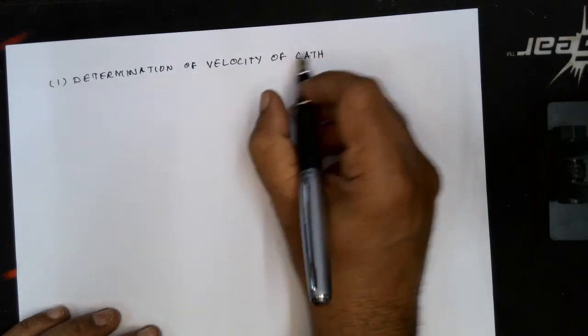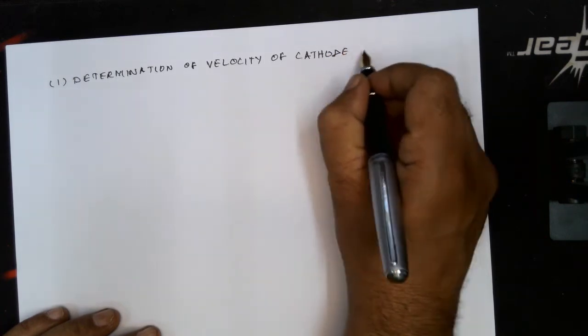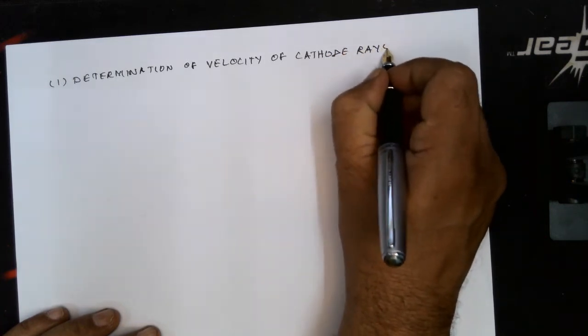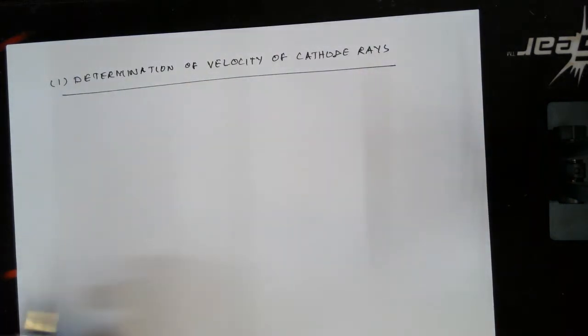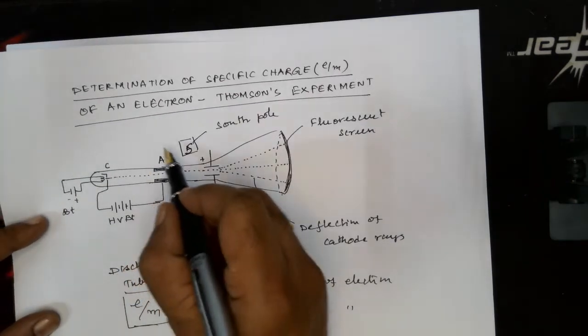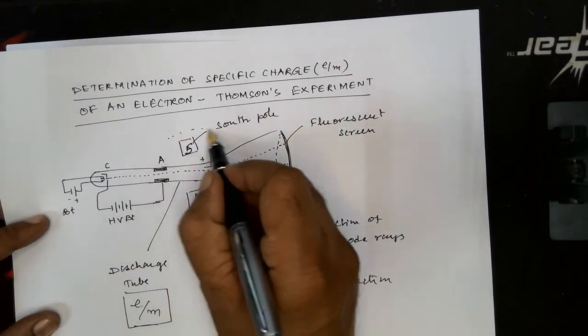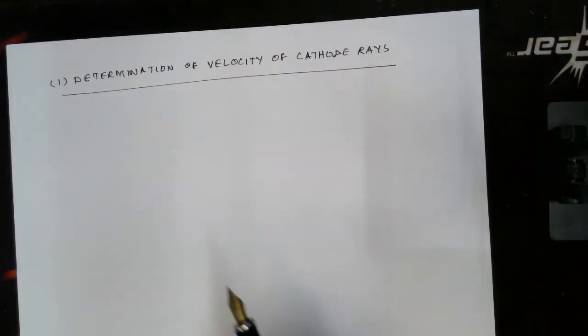Since these rays are generated from cathode, they are called cathode rays. Now I am going to blow up this part.